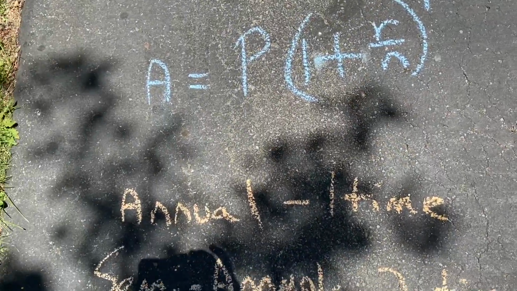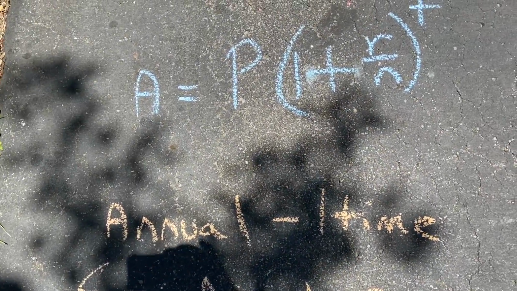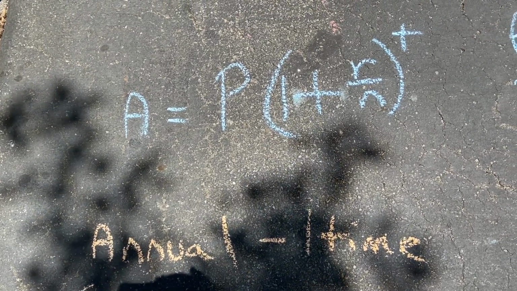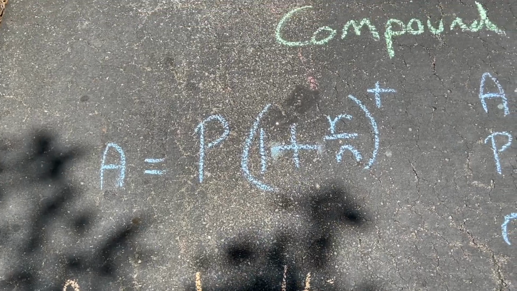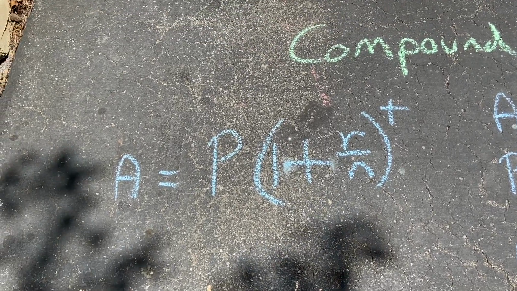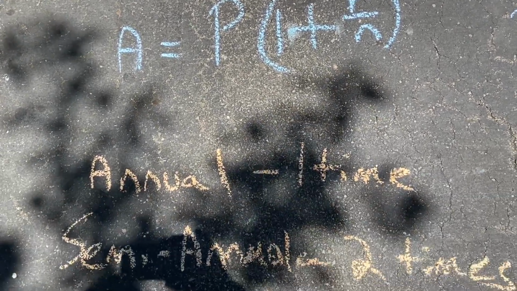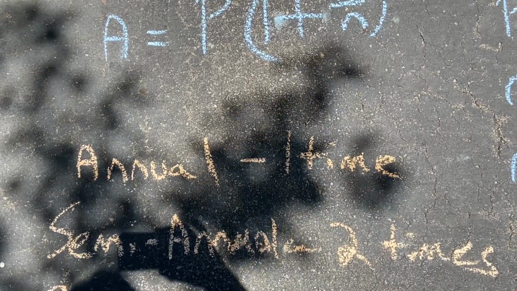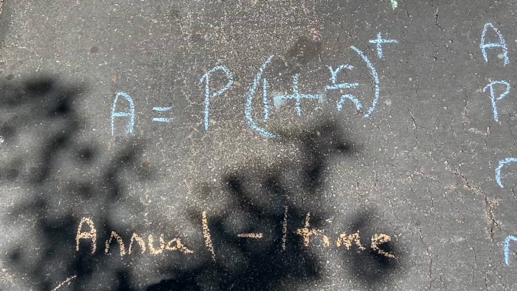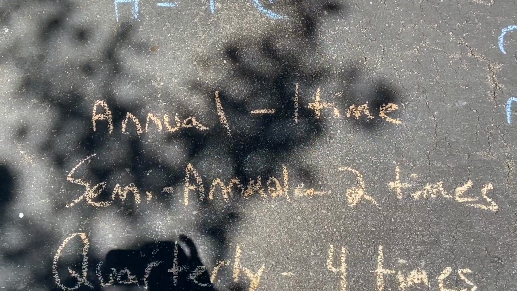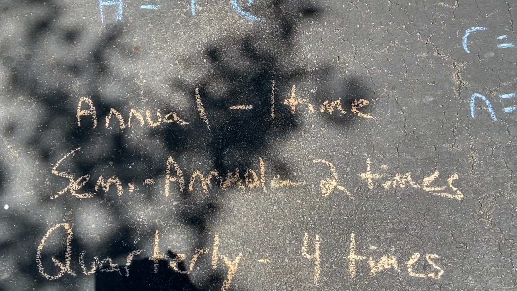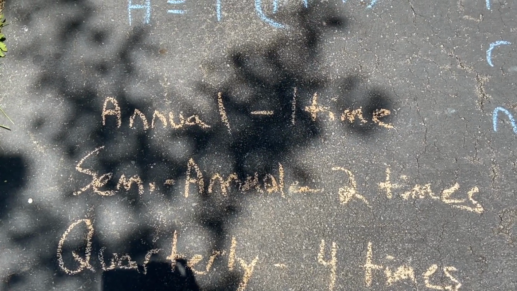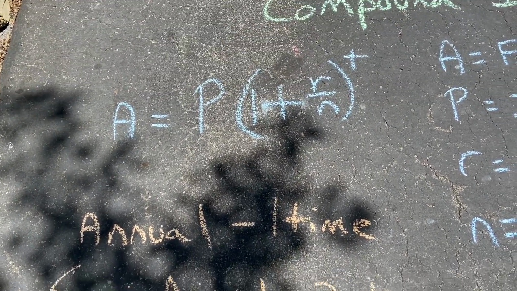One of the ways you'll see interest calculated is what's called annual. Annual means one time a year. So if you were dealing with something with annual interest, you would put a 1 in for N in that formula right there. Next could be semi-annual. Semi-annual means it's being calculated 2 times a year, so you would put a 2 in for N up there. Sometimes institutions calculate your interest quarterly, which means 4 times a year, so you would put a 4 in for N up there.